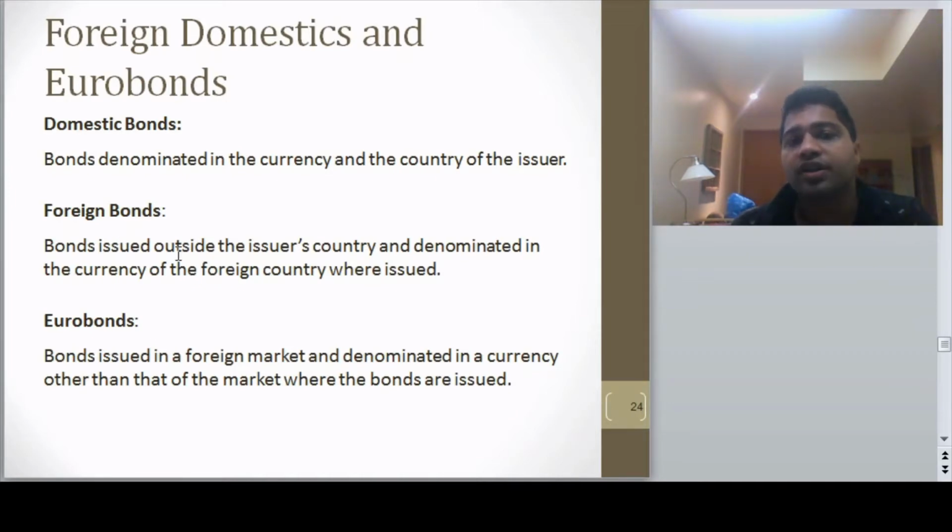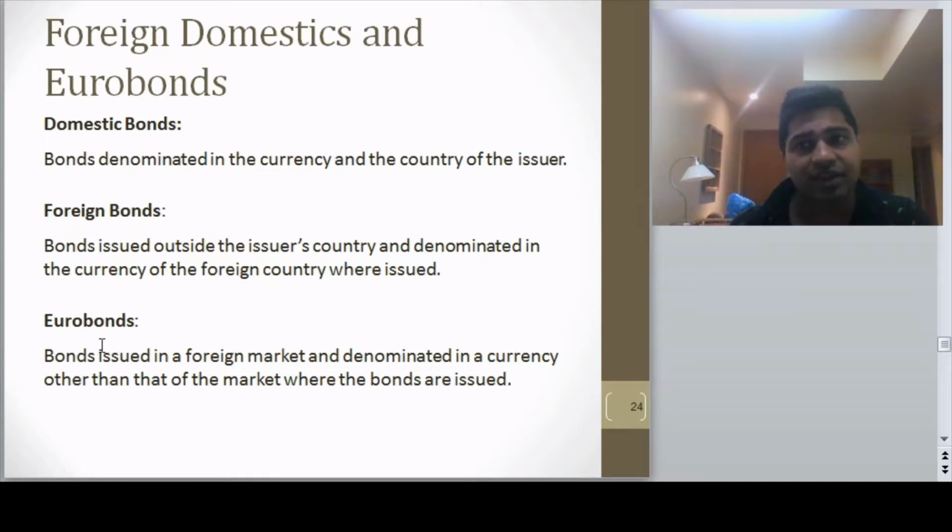Foreign bonds are bonds issued outside the issuer's country and denominated in the currency of the foreign country where they are issued. Example, a Canadian company issues bonds in America in American dollars. So two are checking. The country is America and it is issued in American dollars, but it's not an American company. Then it is called a foreign bond.